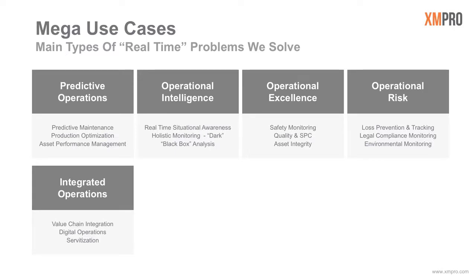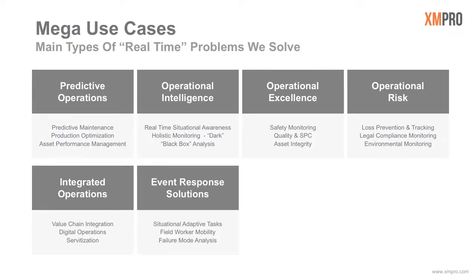How can we run a digital business where we do digital transformation? How can we integrate different operations and have visibility across them? One of the key things we quite often find is how can we respond to events quickly? How can we reduce the latency between when events happen and when we take action?